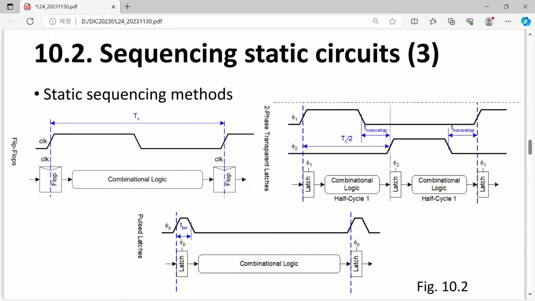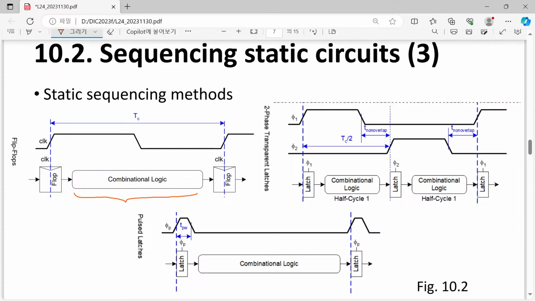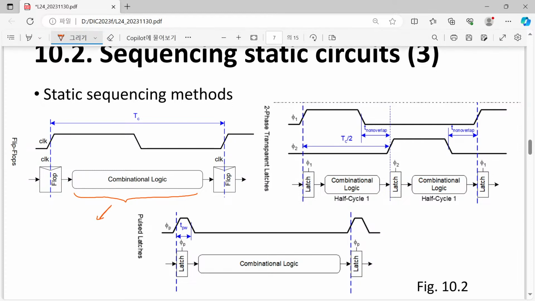So up to now, we have thought about how we can effectively build this combinational logic. Our main focus was, in many cases, delay. How can we make a fast combinational logic when a signal comes in and a signal comes out?